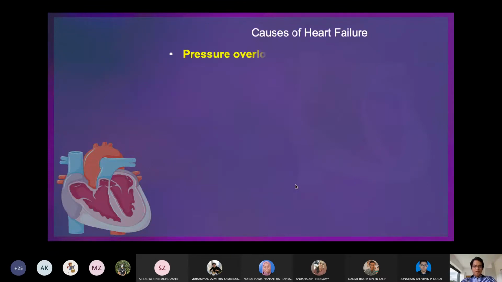Now, I would prefer to categorize the causes this way: pressure overload. It means somehow ventricular pressure is getting much higher. Can anybody think what can really increase your ventricular pressure? All causes you have to extract from the previous slide, but you categorize in two different ways: pressure overload and volume overload. For pressure, hypertension and aortic stenosis give rise to hypertension.